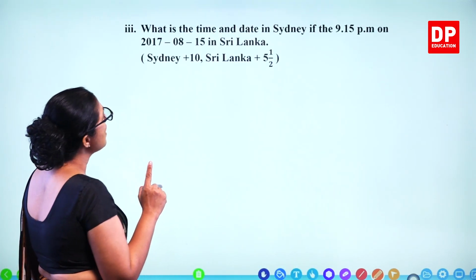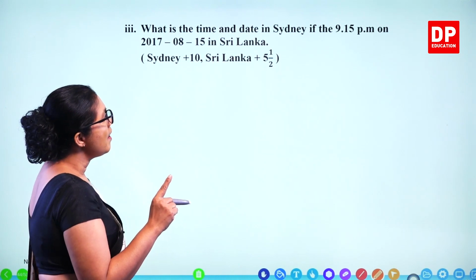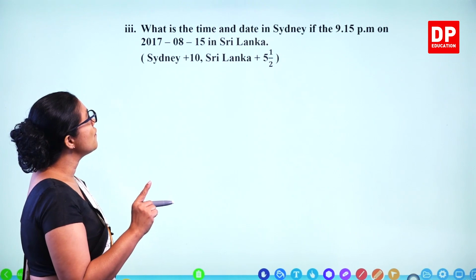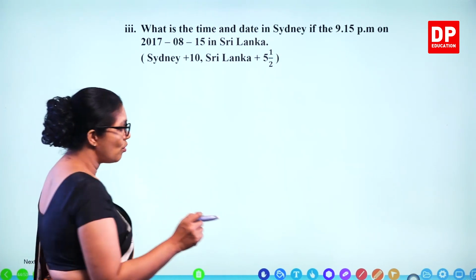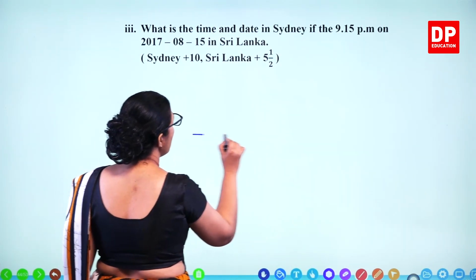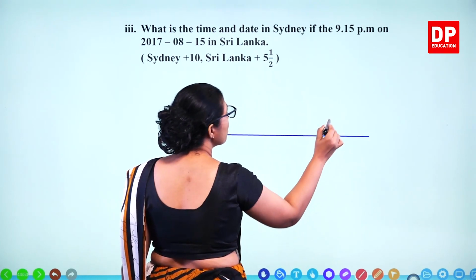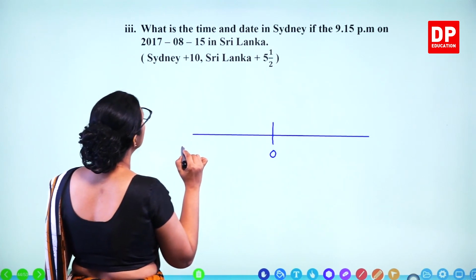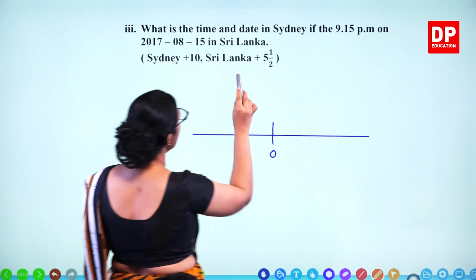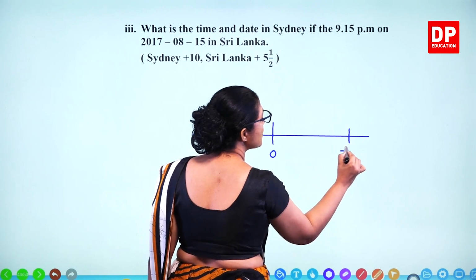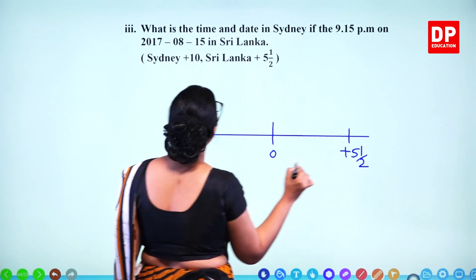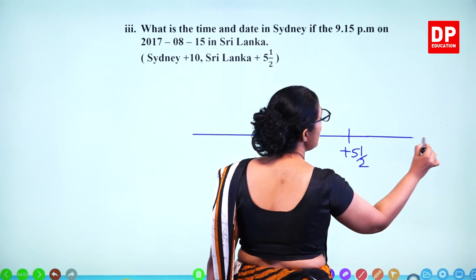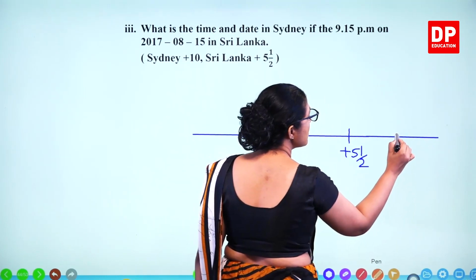Part 3. What is the time and date in Sydney if 9:15 p.m. on 2017, 8:15 in Sri Lanka? So when you take the time zones, this is Greenwich. Sri Lanka is plus 5.5, and Sydney is plus 10.